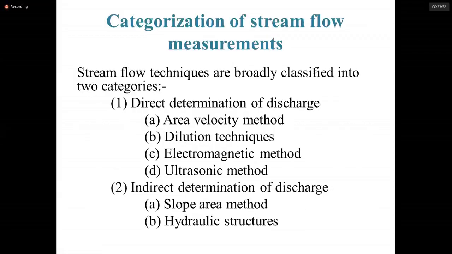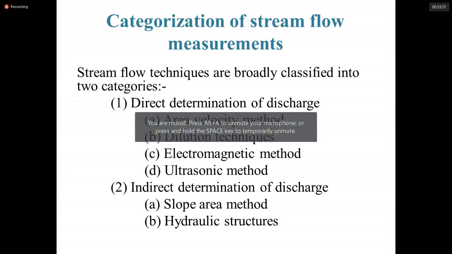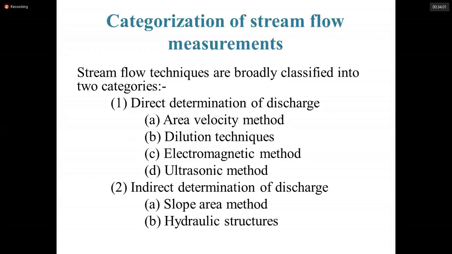Categorization of stream flow measurements. Stream flow techniques are broadly classified into two categories. First is direct determination of discharge and the second is indirect determination of discharge. Under direct determination of discharge, there are many methods used: area velocity method, dilution techniques, electromagnetic method and ultrasonic method.